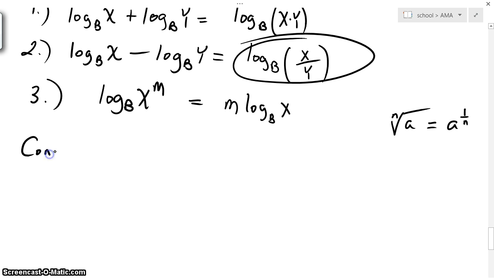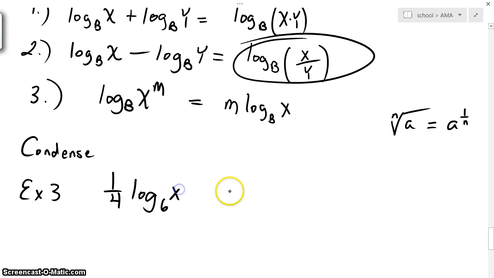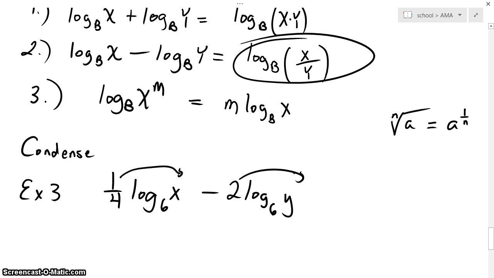One last problem that we're going to take a look at would be condensing. In other words, for our last problem, could we take our logarithms, however many we have, and write our expression with just one logarithm rather than multiple ones? So tell you what, we're going to reverse that third property, and say a coefficient out in front may be raised up as a power.